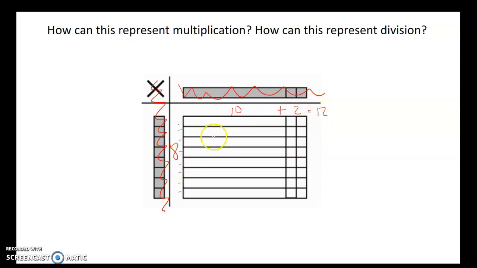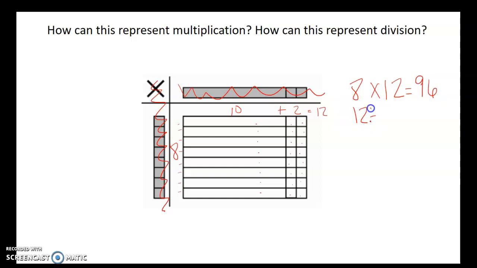So those are my 2 factors. 8 times 12. Now, I can count my base 10 blocks to figure out my answer and say 10, 20, 30, 40, 50, 60, 70, 80, 81, 82, 83, 84, 85, 86, 87, 88, 89, 90, 91, 92, 93, 94, 95, 96.